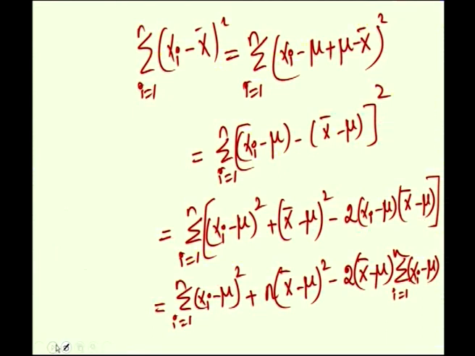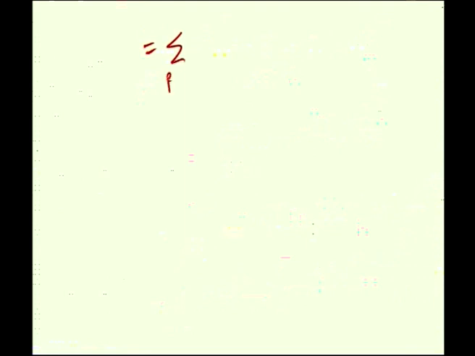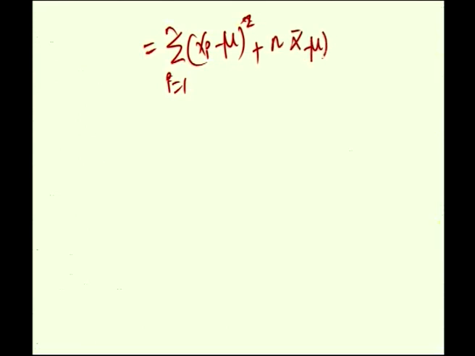Then that becomes n times x bar minus mu, this particular thing. So, that becomes summation i is equal to 1 to n xi minus mu whole square plus n into x bar minus mu whole square minus 2 into x bar minus mu into n into x bar minus mu.